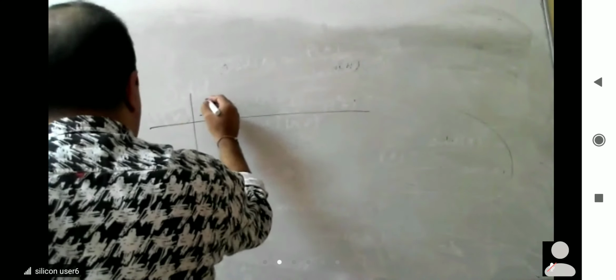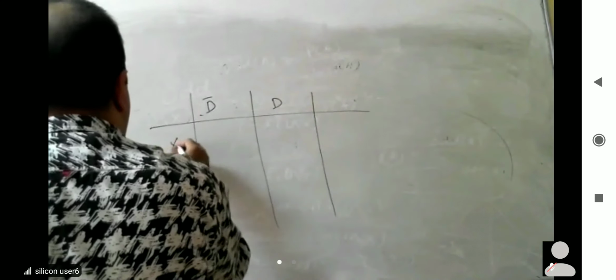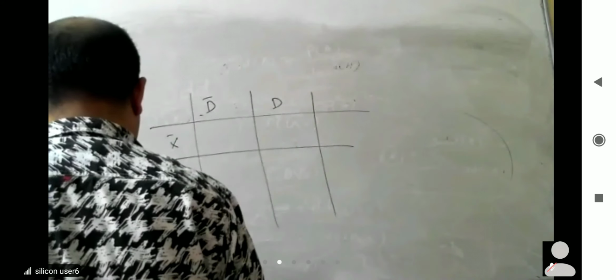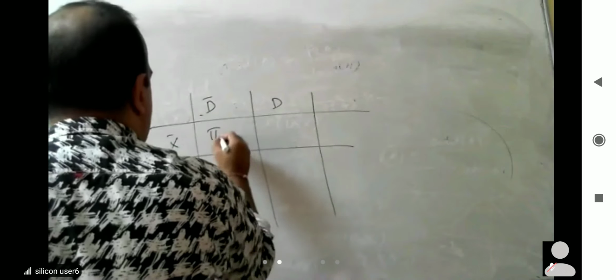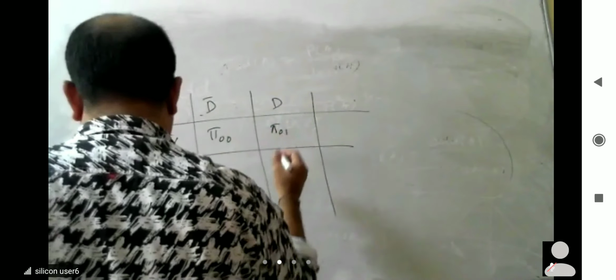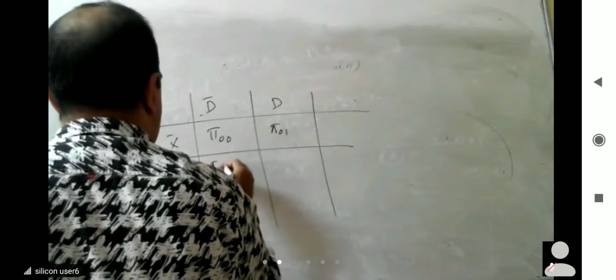D bar, D, X bar, X. This is phi 0 0, phi 0 1, phi 1 0, phi 1 1.